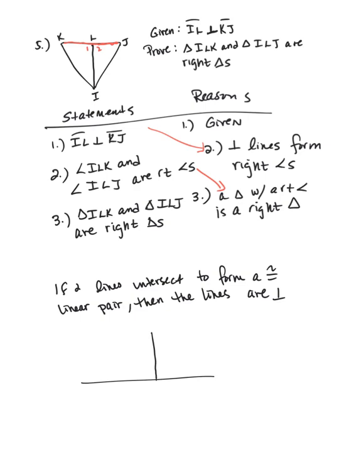So we have just a picture, and we say these are congruent. Angle 1 is congruent to angle 2. We would be able to say that IL is perpendicular to JK. And this would be our reason. Okay, that concludes our second video.